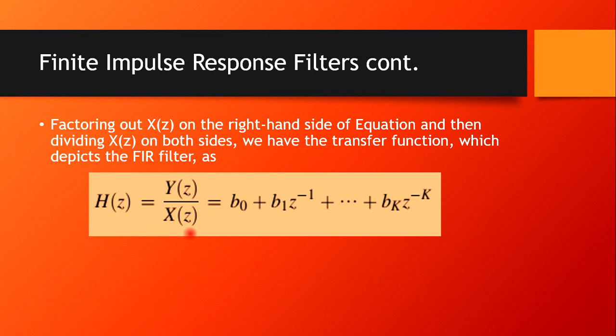So if we factorize and rearrange this in the form y over x, it will give us the transfer function of the filter, and it will be like b naught plus b1 z to the power minus 1 plus up to bk z to the power minus k.